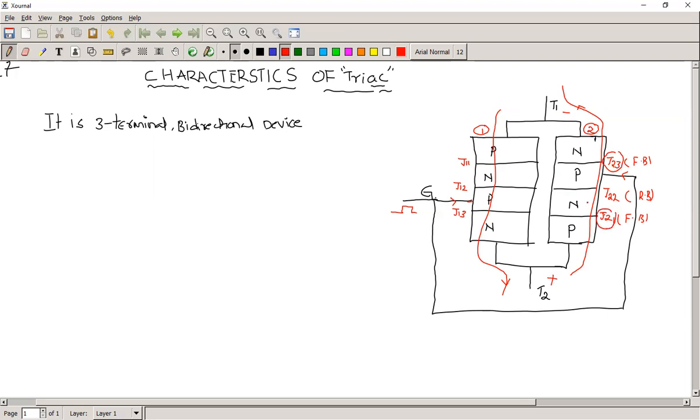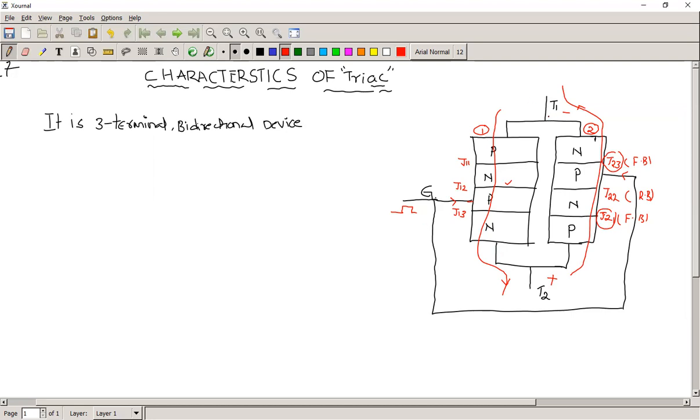So it does not go to the on state even if you apply the gate voltage there. If T1 is positive and T2 is negative, only the junction J12 breaks down, so the device goes to the on state.